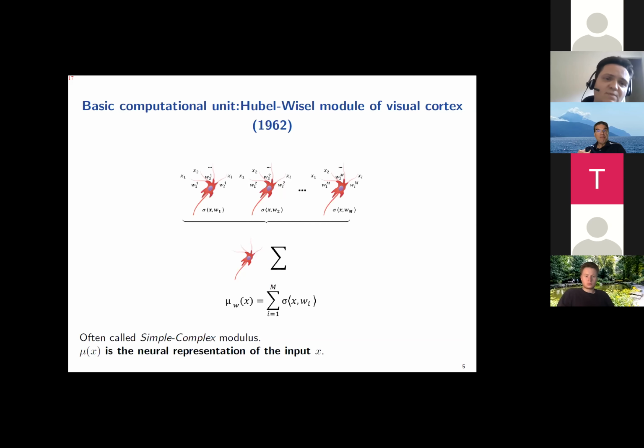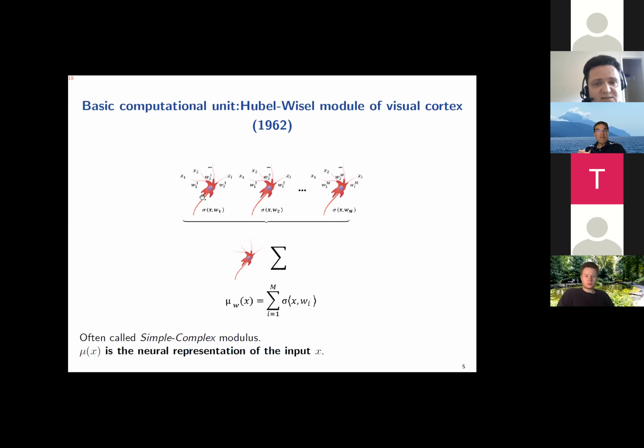As I was saying, as a basic computational unit, I consider the so-called Hubel-Wiesel module of the visual cortex, which is composed as follows. We have a bunch of so-called simple cells. Here there are 3 of them, whose computation is simply a dot product between the input x and their synaptic weights, and then maybe filtered by a nonlinearity sigma.